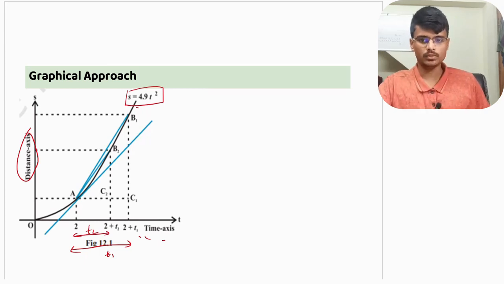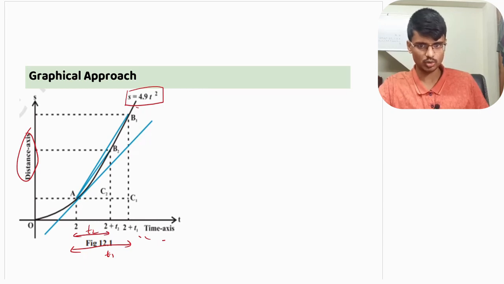Okay, so the same thing. They are taking the interval 2 to 2 plus t2, and this is the distance at 2. This is the distance at 2 plus t2. And what they have done to find out the velocity, we take the total distance traveled in that interval, that is nothing but c2 b2, right?